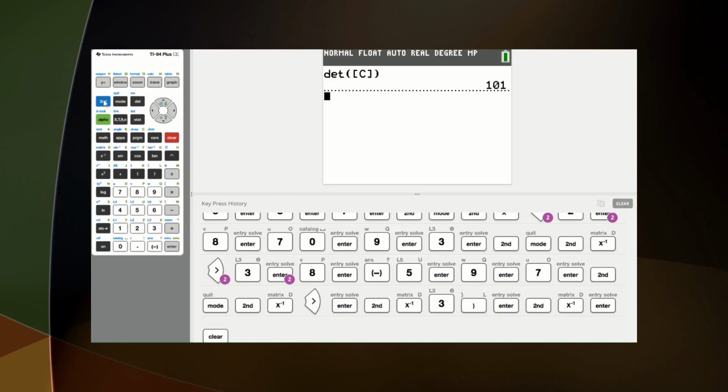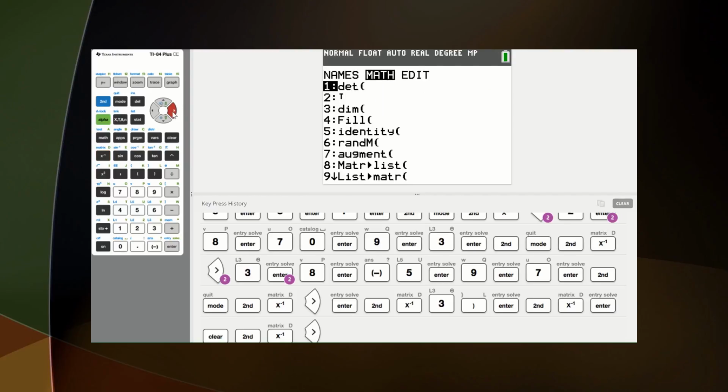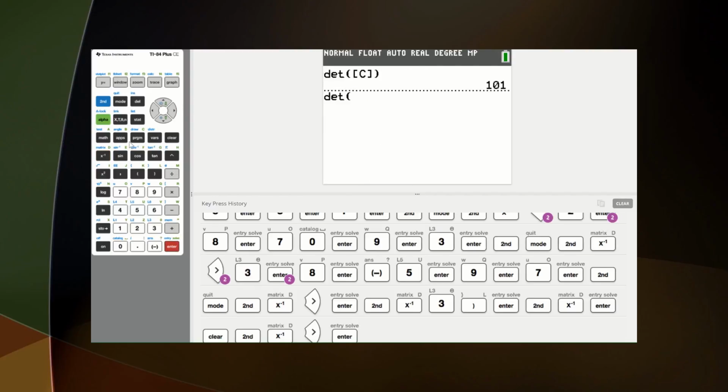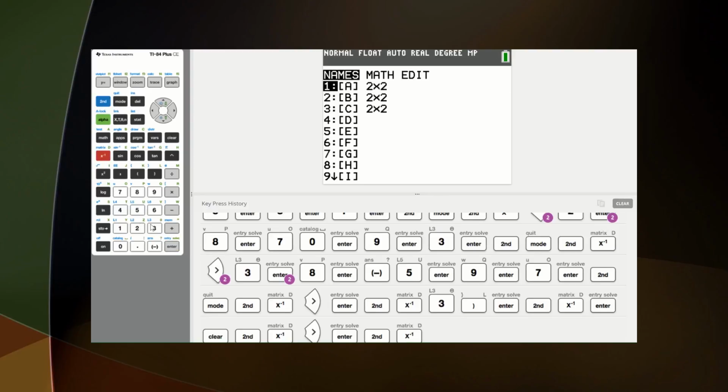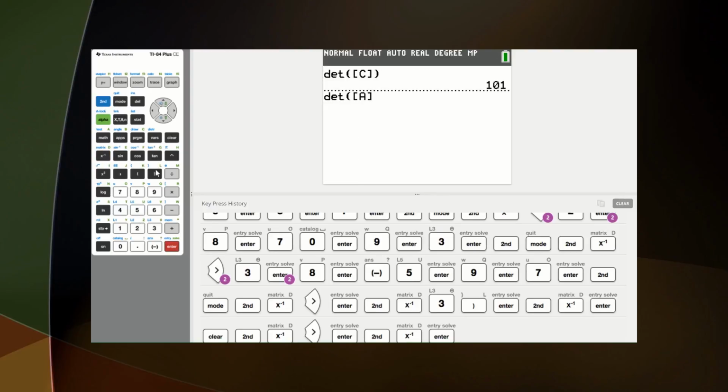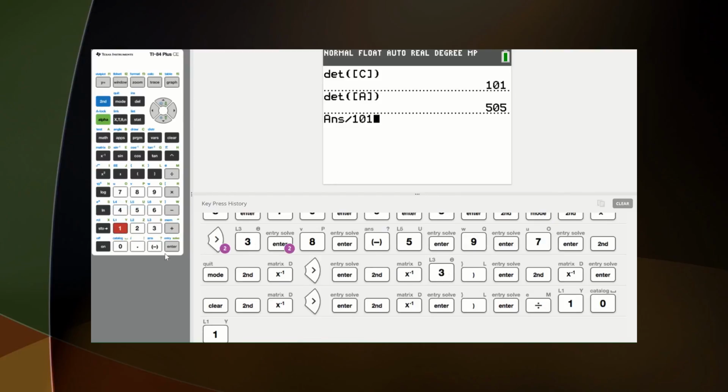I need to choose the determinant first. Determinant, matrix A, close. So we can take that 505 and divide it by the determinant of matrix C, which is 101. You probably pretty much in your head determine that x is going to equal 5.